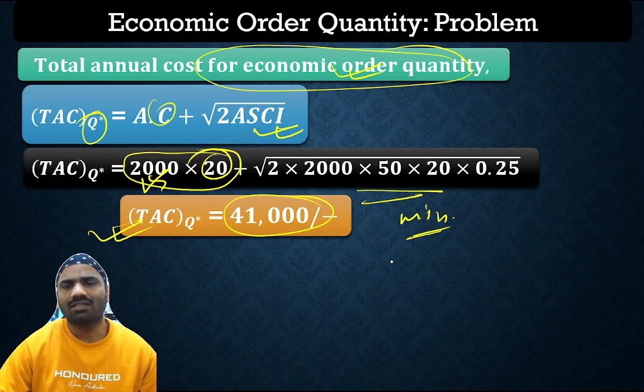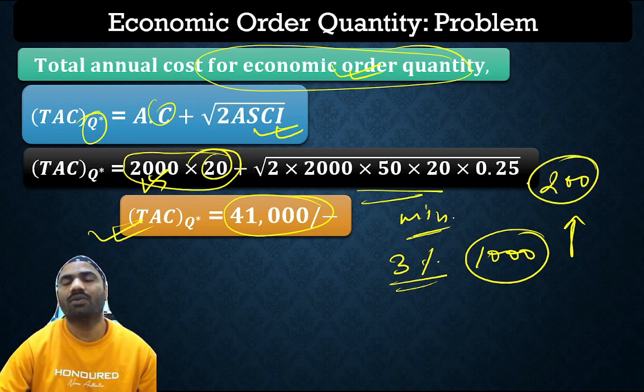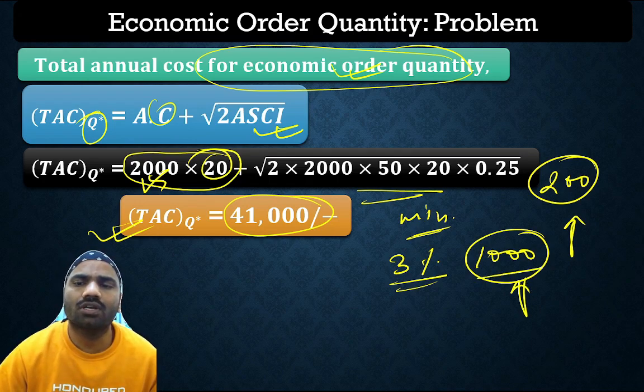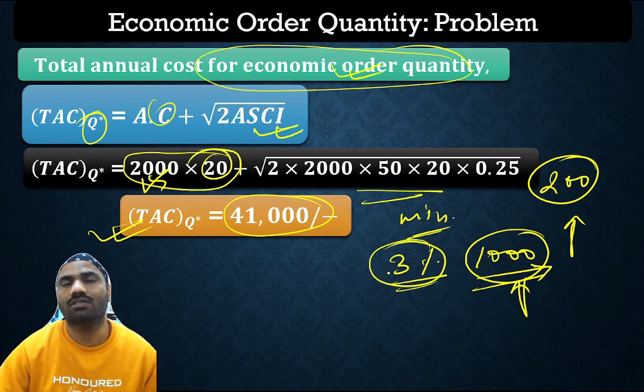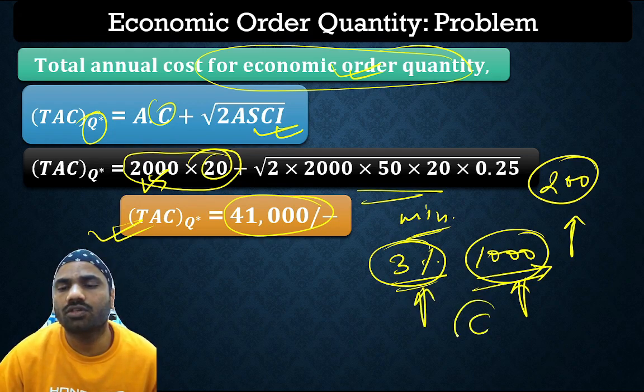So it is saying that there is a 3% discount if you are ordering in a lot size of 1000 and more. So instead of placing the order in a quantity of 200, we are placing the order in a lot size of 1000. There is a discount of 3%, and this 3% discount will be on the unit cost.